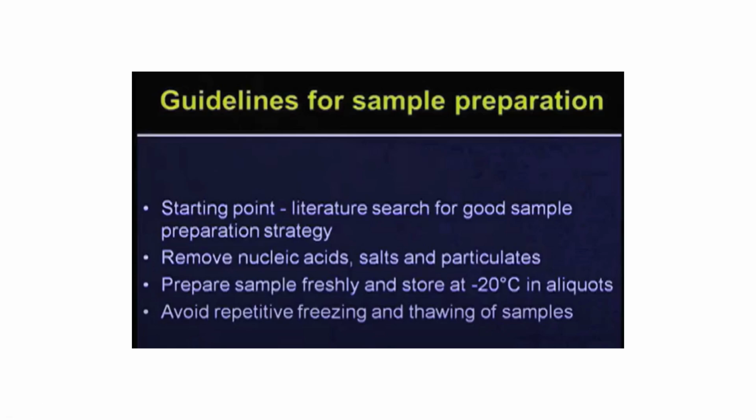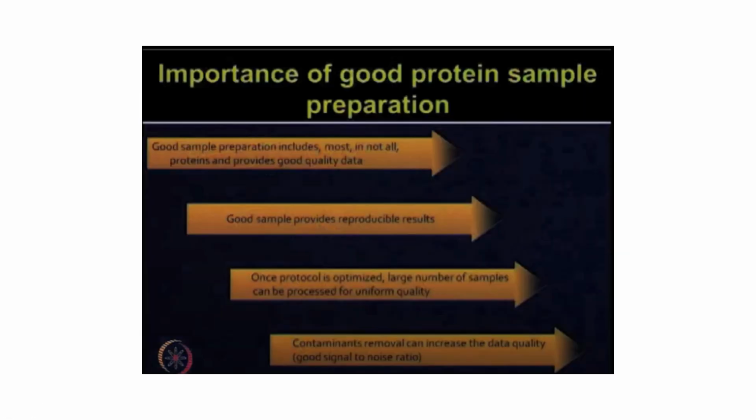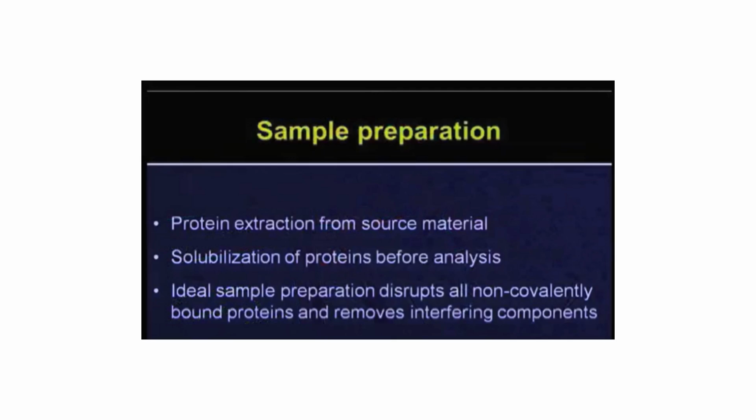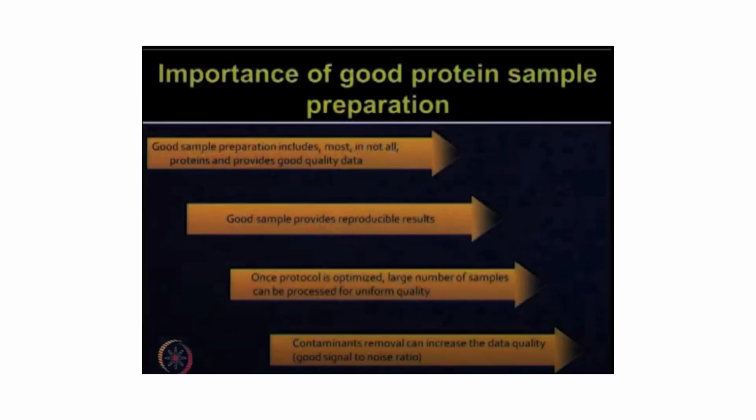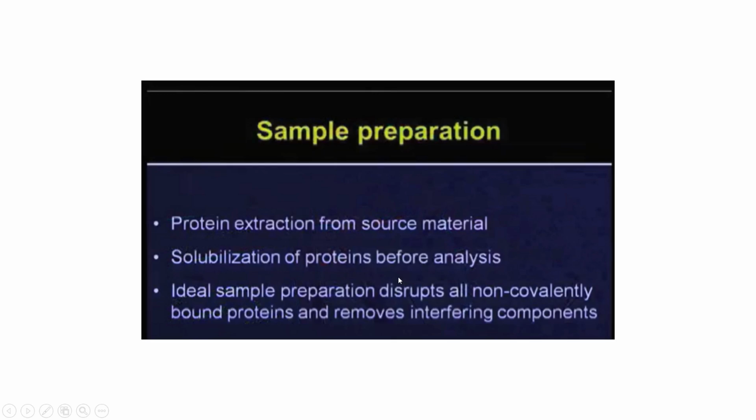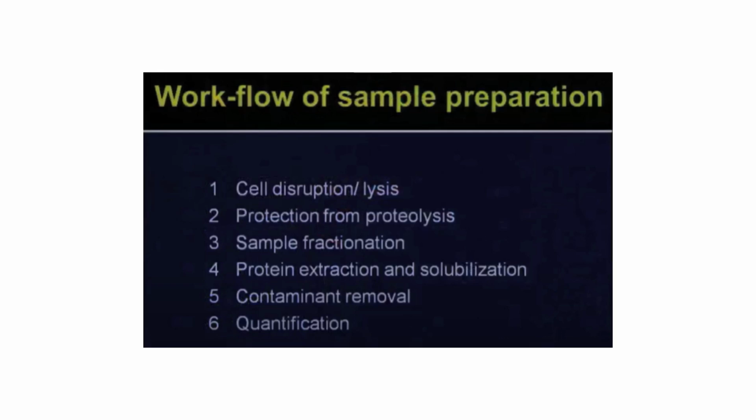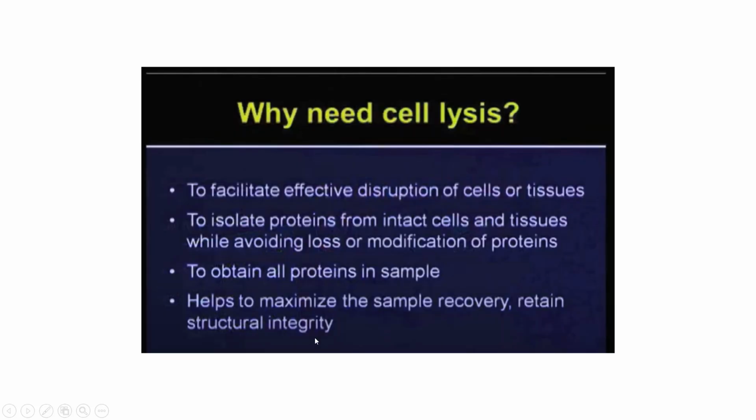Everything is stored at -20 so that it can be stored for a longer time. There are certain examples of how good protein sample preparation is and the importance of it. So this is the workflow: cell disruption, protection, sample fractionization, protein extraction, contaminant removal, and quantification.